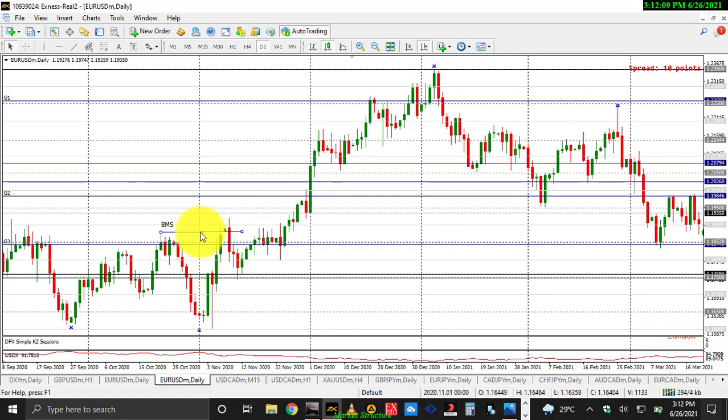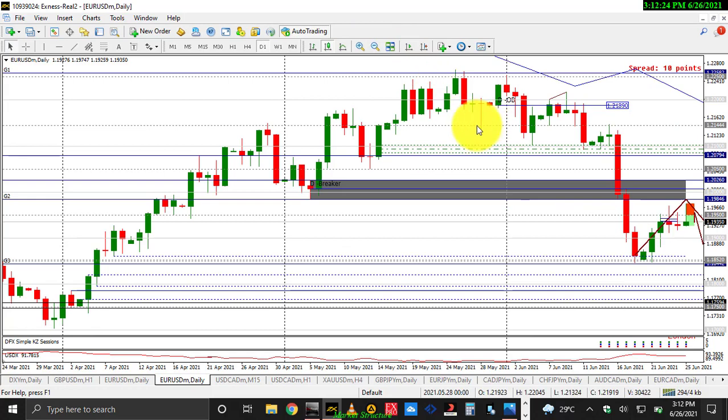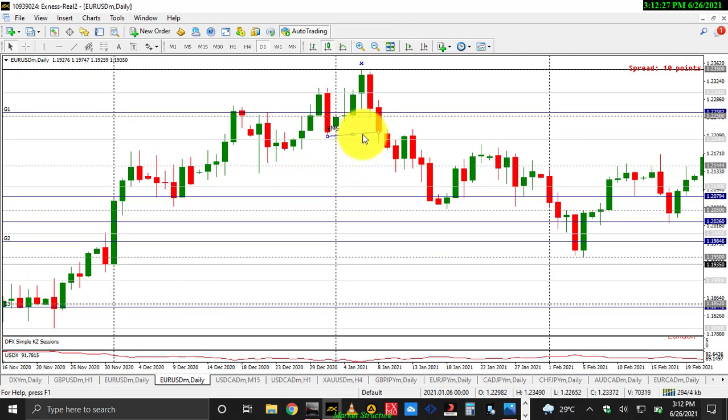Our market structure break was somewhere here. Was here. So that's our market structure break.